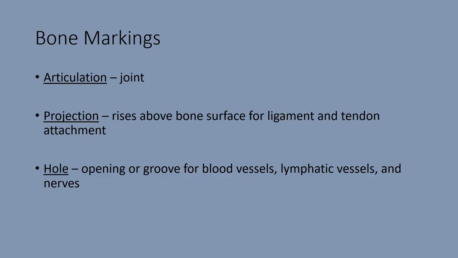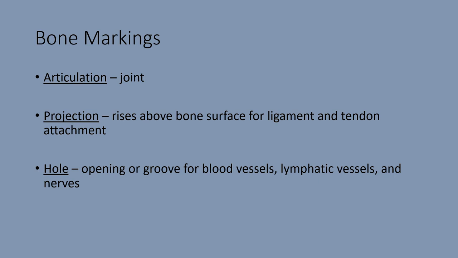It rises above the surface of the bone, and it's usually where ligaments and tendons are going to be attaching. And then there's various types of names for holes, fissures, foramens, etc. And we give them different names depending on the size of them oftentimes.